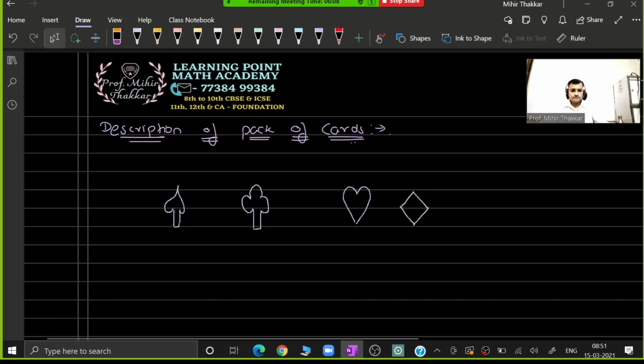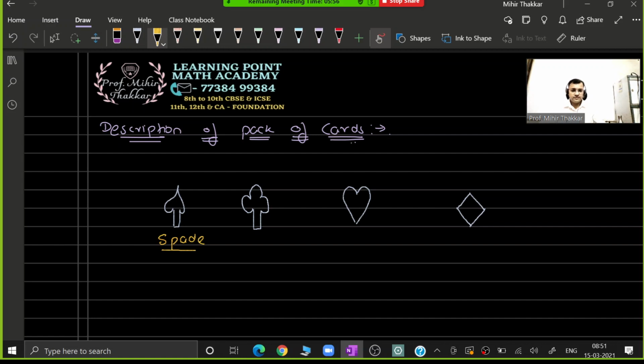So these are the four suits that we have. The first one is called the spade. The second one is called the club. The third one, obviously, you know, is called the heart. And the last one that we have is the diamond card.